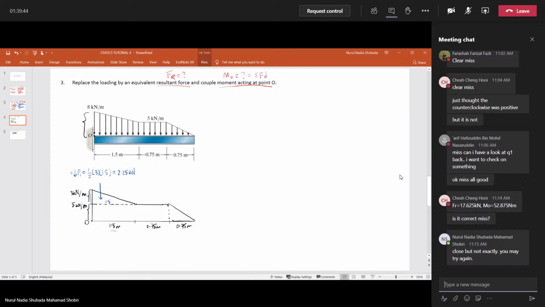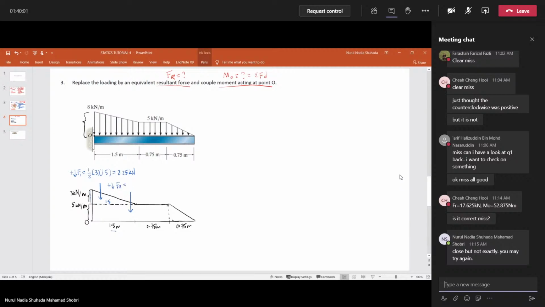Okay, and then we find the force for the second area here. I label this as force number 2.